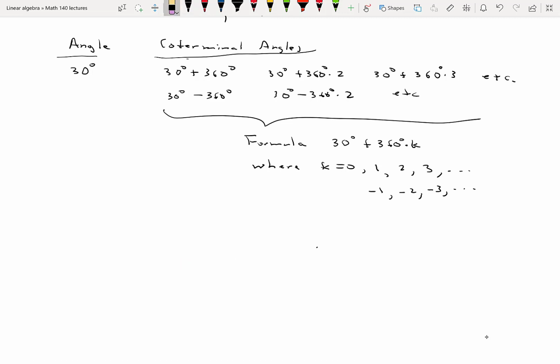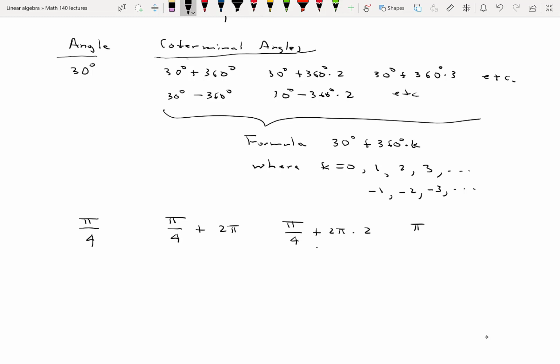Now I want to get rid of my drawing here. I want to look at another angle. Suppose we had an angle pi over 4. Coterminal angles would be pi over 4, not plus 360, but plus what? Plus 2 pi. Or pi over 4 plus 2 pi times 2.